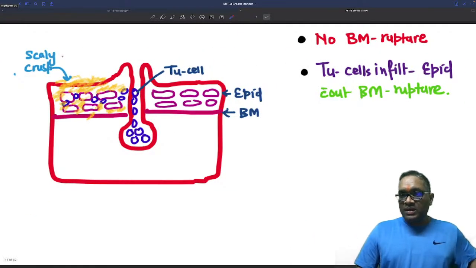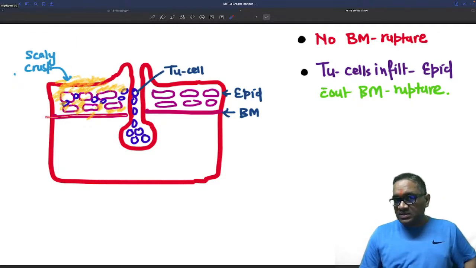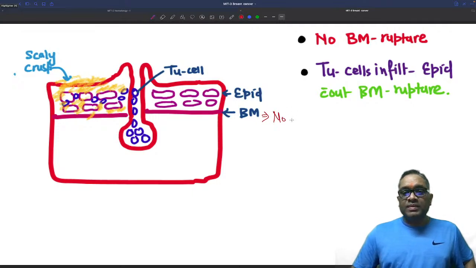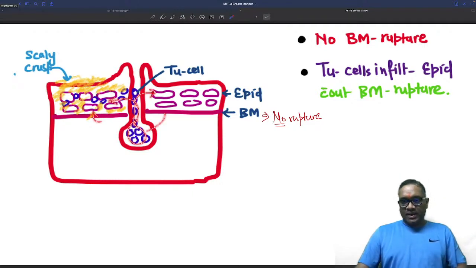Now, when we see the tumor cells, what is the characteristic property? You can see this is the basement membrane, and nowhere is the basement membrane ruptured. So how are the tumor cells entering?